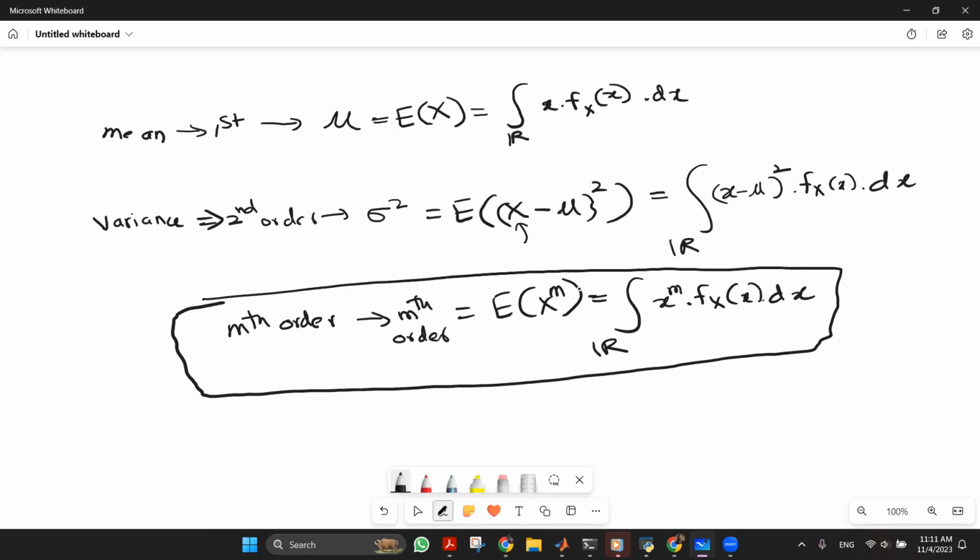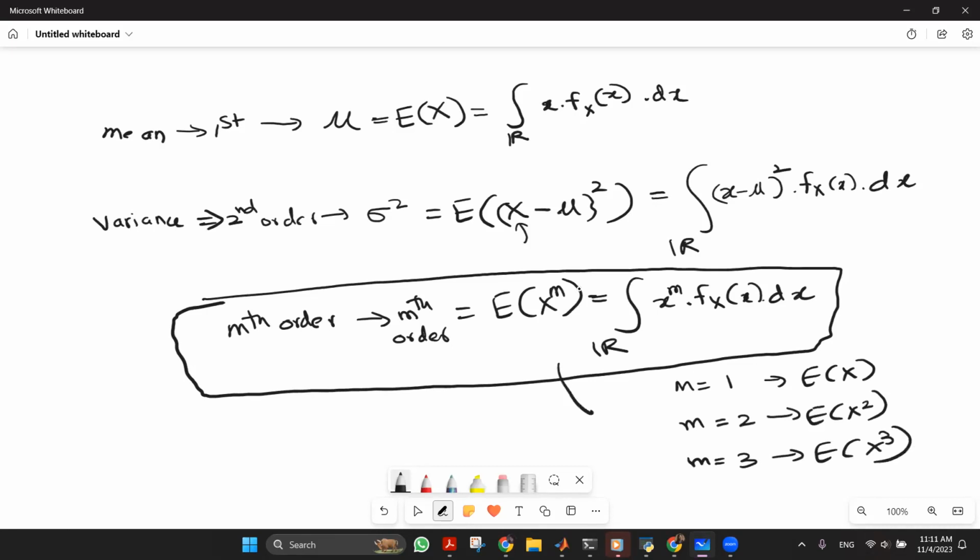So if I substitute m equals 1, I can get the mu or the mean value, right? M equals 1 will give me the E[X] value. M equals 2 will give me the E[X^2] value. M equals 3 will give me the E[X^3] value.